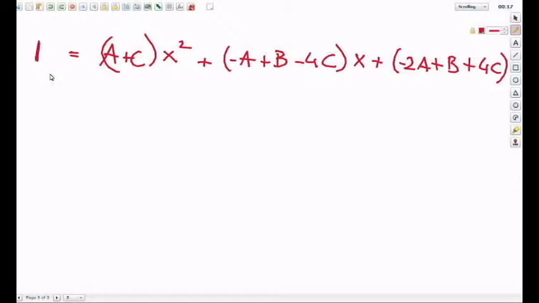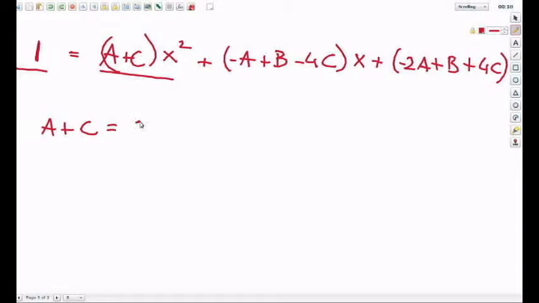Okay, so if you remember, basically we wanted the two fractions to equal, just like in the earlier cases, and we want to make this happen by setting the numerators equal to one another. And now we're going to look at the left-hand side of this equation, the 1, as actually a polynomial. So since there's no x term on the left-hand side, that means that the coefficient of the x term on the left-hand side is 0. Now we want the coefficient of the x squared term on this side to be 0 as well.